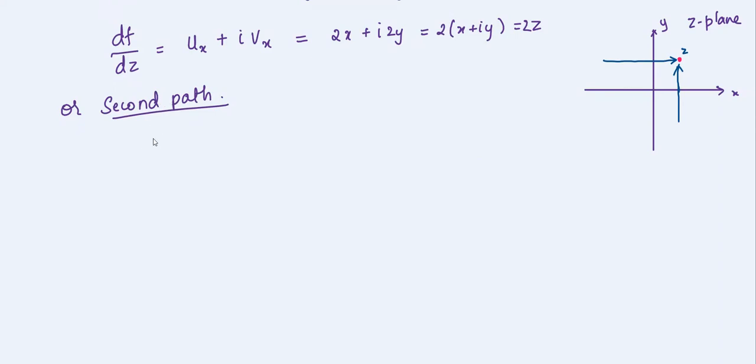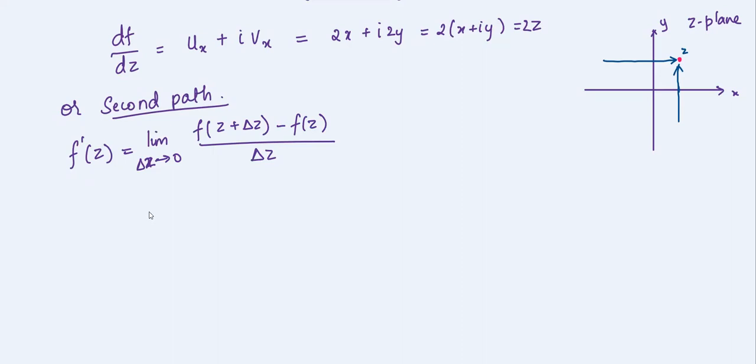See, f dash z is defined as the limit delta z tends to 0 of f of z plus delta z minus f of z, divided by delta z. So we get the limit delta z tends to 0.